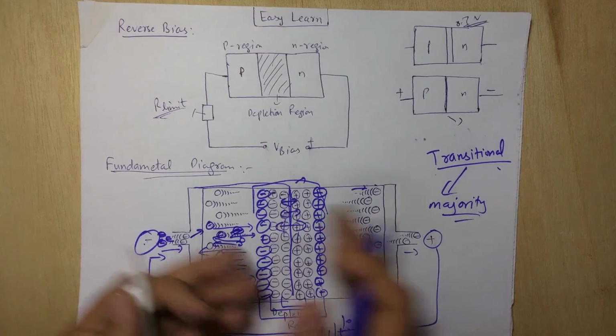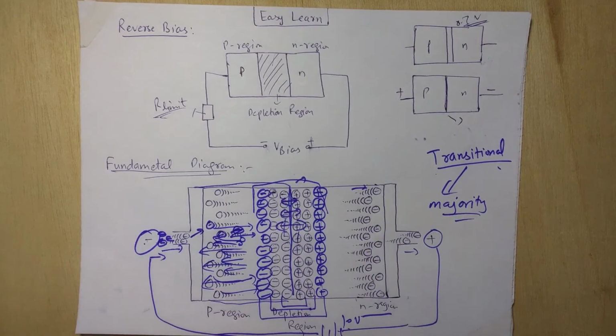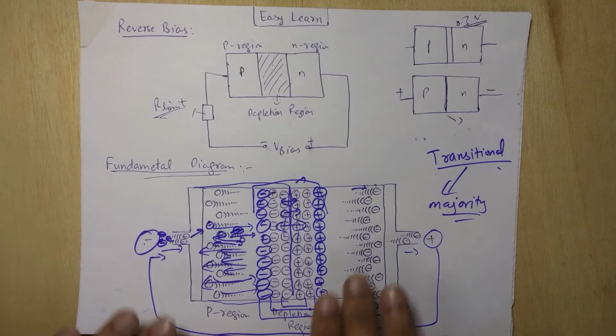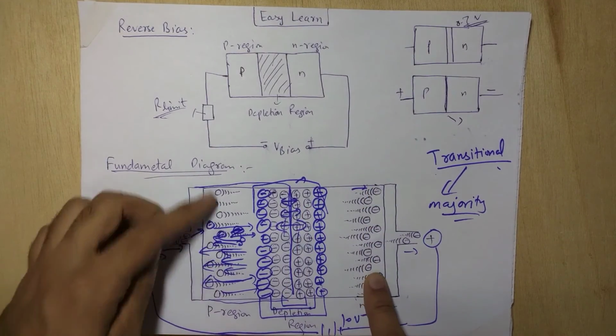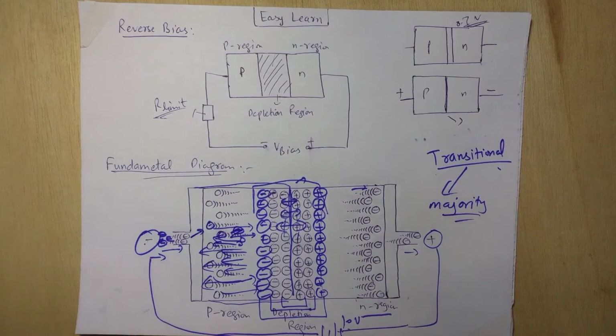Now the majority carriers will be over in just a fraction of a second. In a millisecond, the negative charges and the holes, the majority carriers, will be over very quickly.